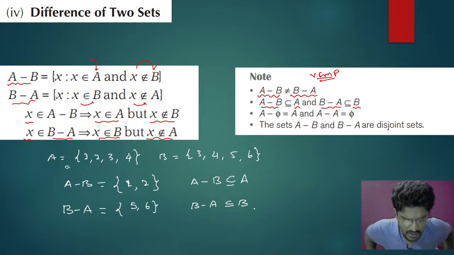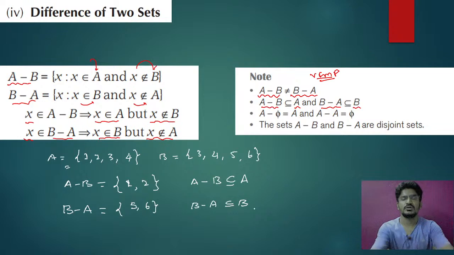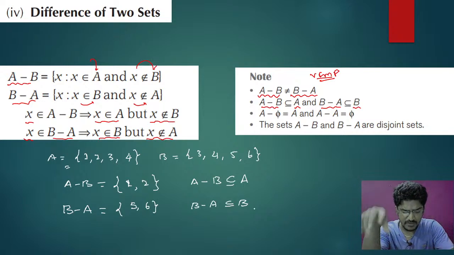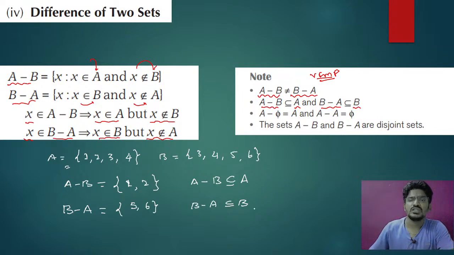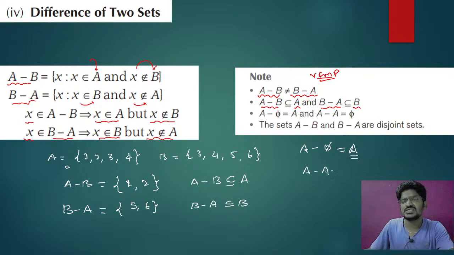So quickly tell me all of you, have you understood this? A minus B will be the subset of A, B minus A will be the subset of B. Okay. In the same way, A minus empty set is equal to A. You can see that if I subtract empty set from A, I will get A. A minus A will be equal to empty set because all the elements are going to be deleted.